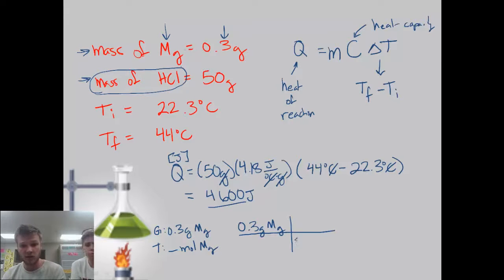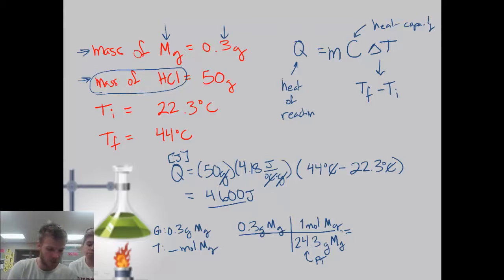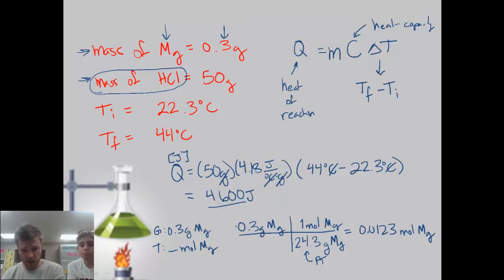From my periodic table, it's 24.3, and that's equal to 1 mole of magnesium. I do that math, 0.3 divided by 24.3, and I get 0.0123 mole of magnesium. So for just this many moles of magnesium, I got 4,600 joules.